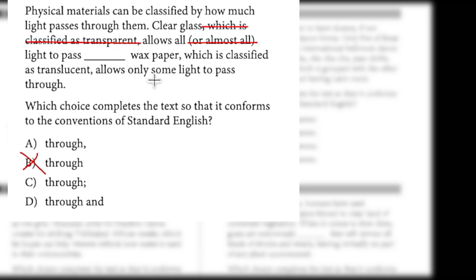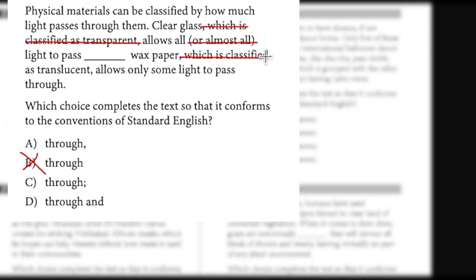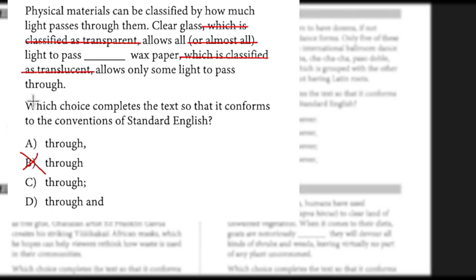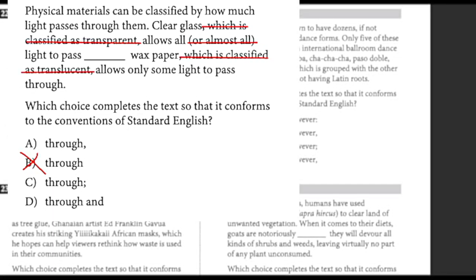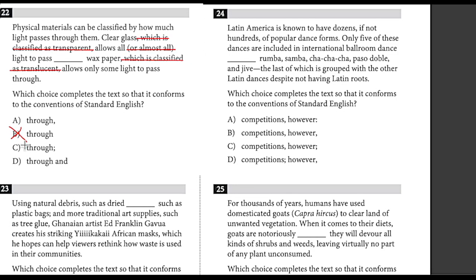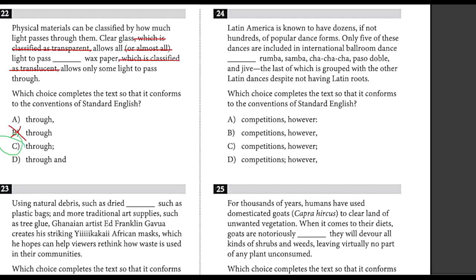Clear glass allows all light to pass through, comma. Wax paper, which is classified as translucent. Okay, now I'm understanding what happens. Clear glass allows all light to pass through, period. Wax paper allows only some light to pass through. That's another sentence. We don't have a period, but what acts just like a period? You're right, a semicolon. C is our answer.